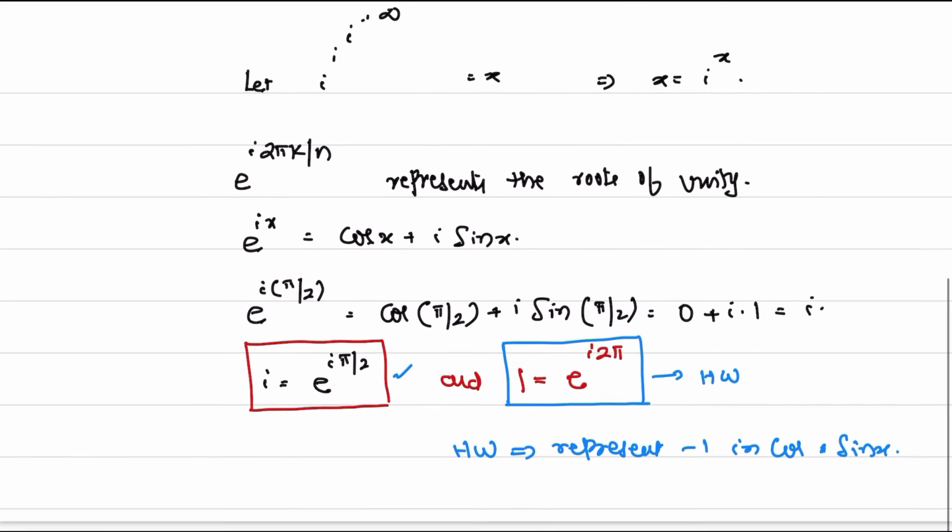Now, here we got the value I is equal to e to the power of I pi by 2. And also x is equal to I to the power of x. Then, can we replace I in this equation?